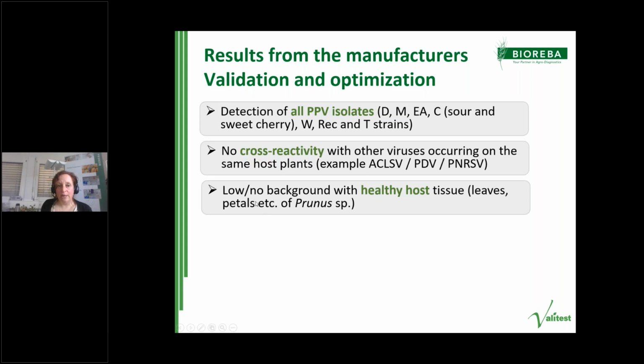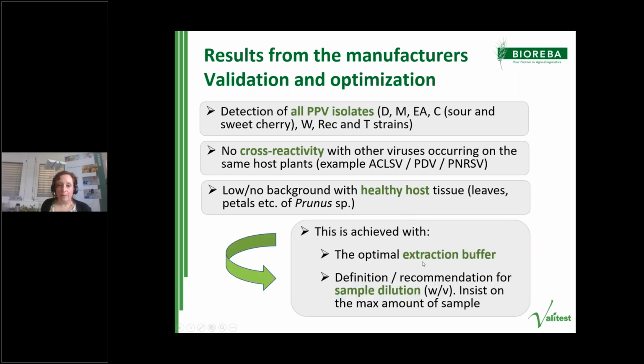And then we had optimized also to have low and no background with healthy host tissue, and this was achieved by use of the optimal extraction buffer and by the use of the recommended sample dilution and sample size, which influences, of course, the dilution.